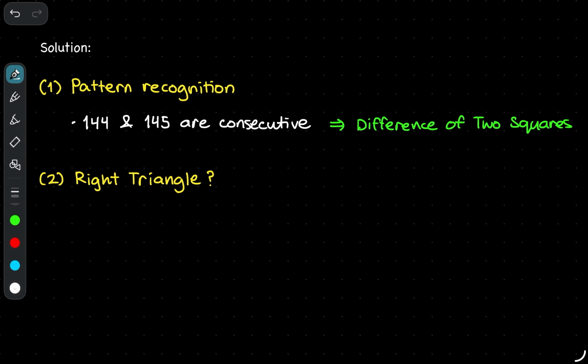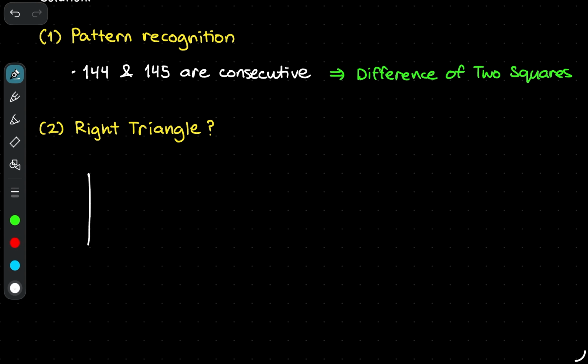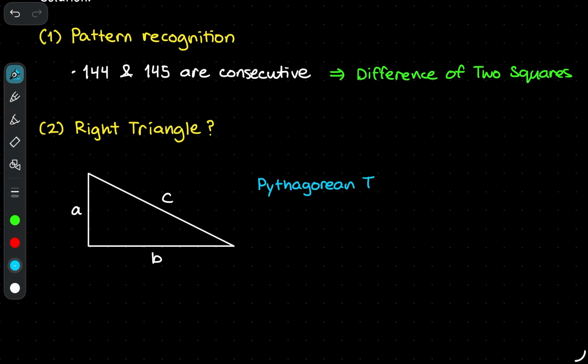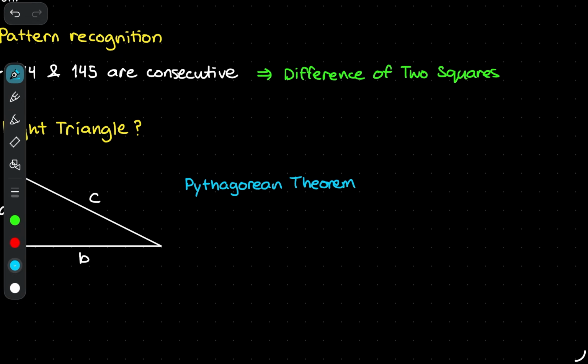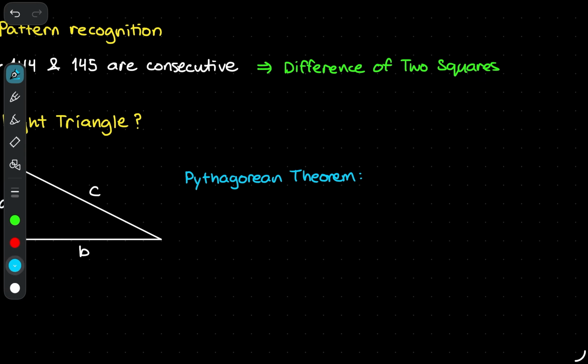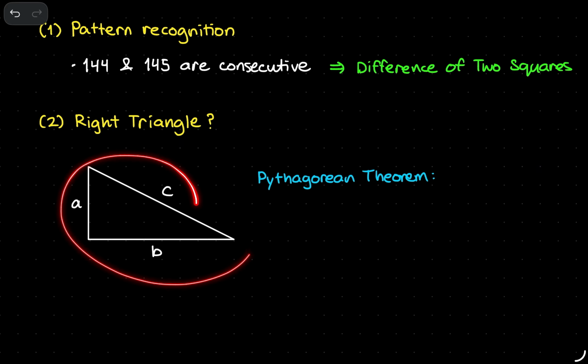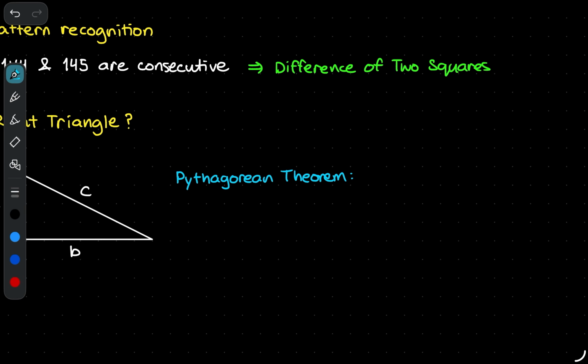Recall that in a right triangle, if the sides are given by a and b, then the hypotenuse is usually c, and by the Pythagorean theorem, a squared plus b squared is equal to c squared.